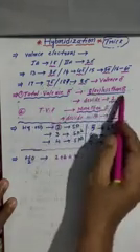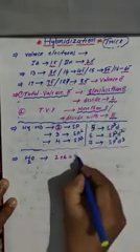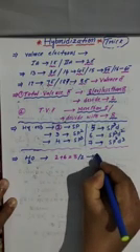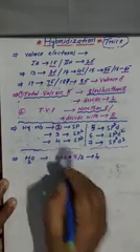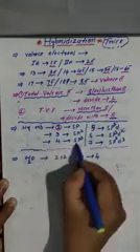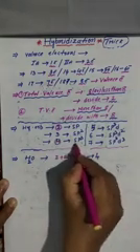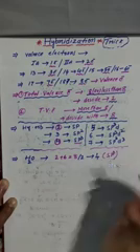Total valence electrons are 8 or less than 8, so divide by 2. 8 by 2 is 4. 4 hybrid orbitals, so the hybridization is sp3.